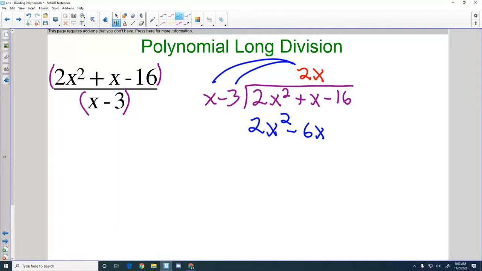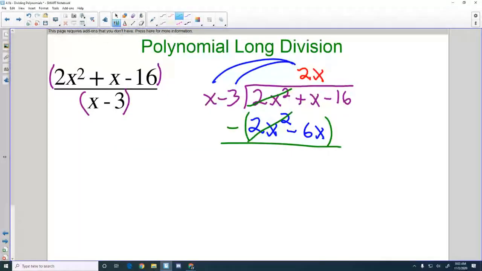Now to subtract, I want you to put parentheses around this because you're subtracting both of those terms, which is going to flip some negative signs. Sometimes students just write the subtraction sign without those parentheses. They only subtract the first term and totally forget to subtract the second term. So right here, I've got 2x squared minus 2x squared. If you did this right, those first terms will always cancel.